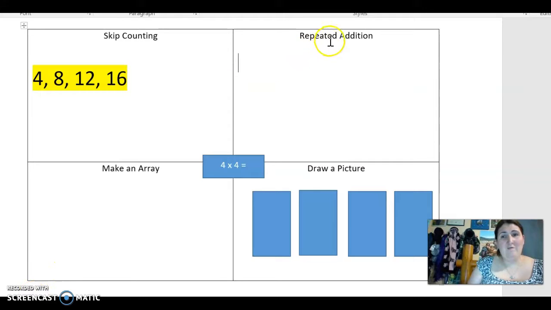Okay, and continuing right along, now we're going to move on to the repeated addition. If we wanted to use repeated addition to solve 4 times 4, we could say 4 plus 4 plus 4 plus 4 equals.